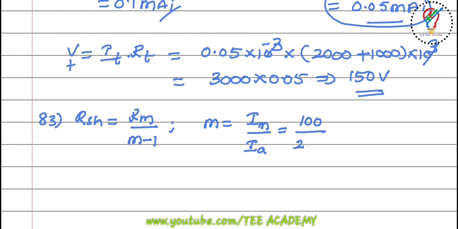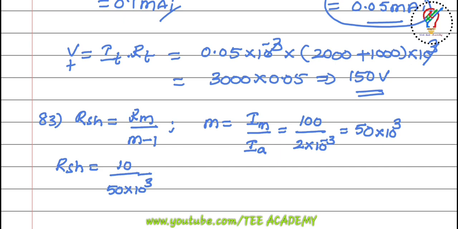Ia is 2 into 10 power minus 3. So m is going to be 50 into 10 power 3. Now RSH is equal to meter resistance, 10, divided by 50 into 10 power 3, if we neglect the 1 here.